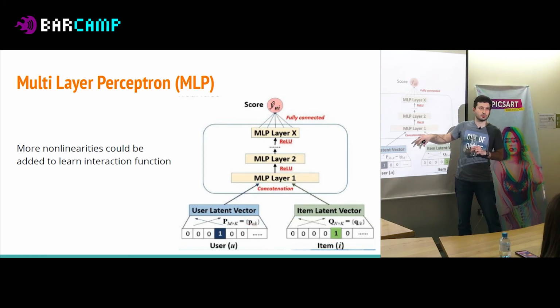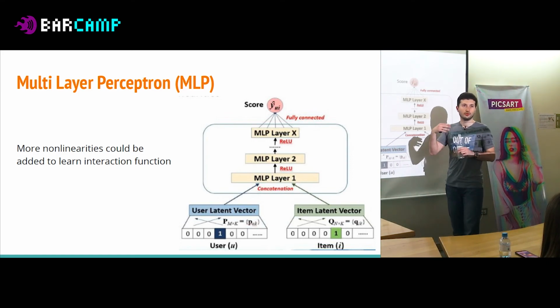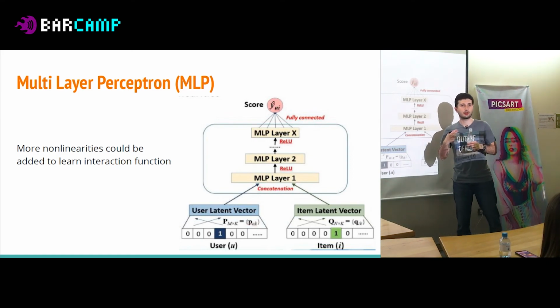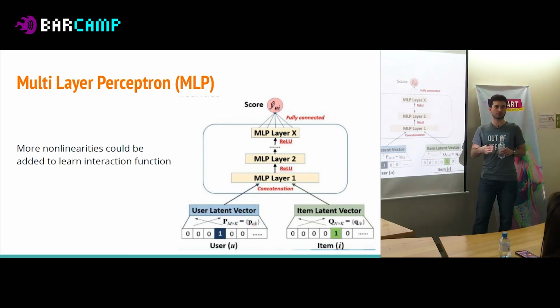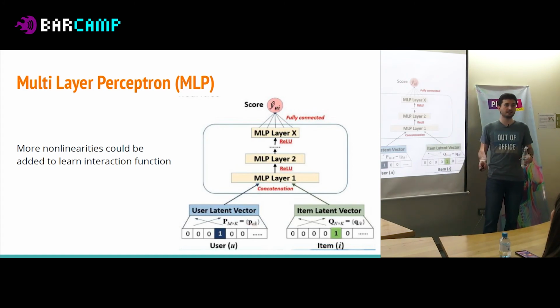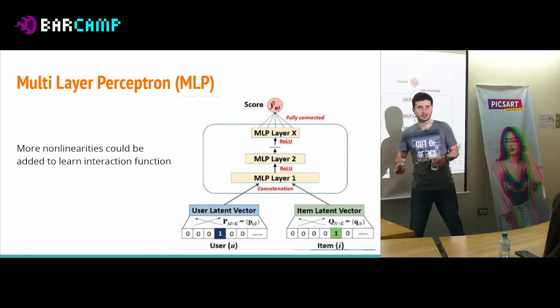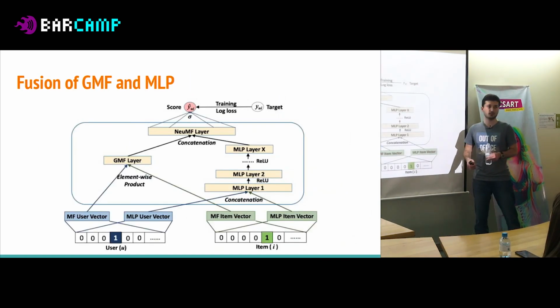And in that case, we can concatenate. As a result, we will learn non-linear, more complicated interaction between users and items. What the authors of the paper did with that is they fused both models into one.